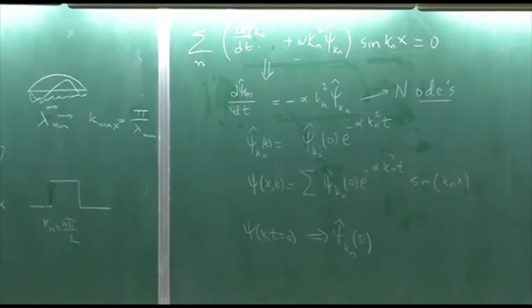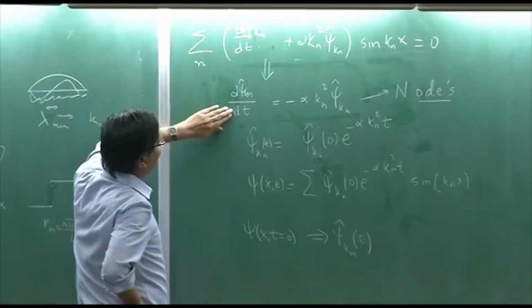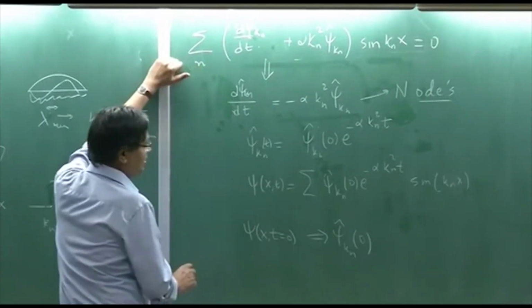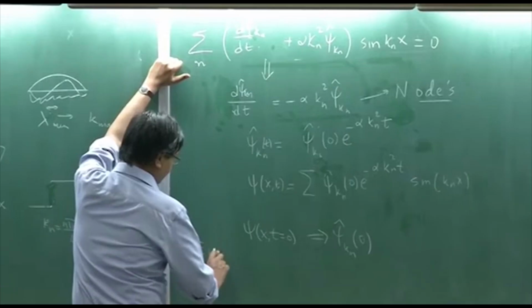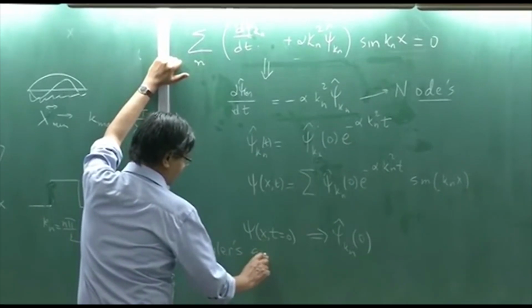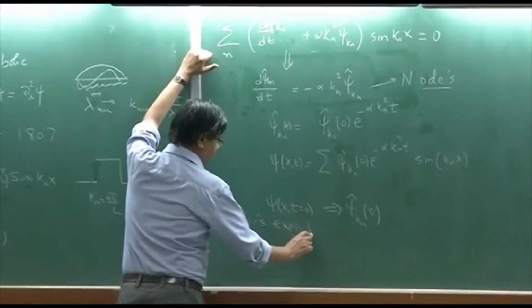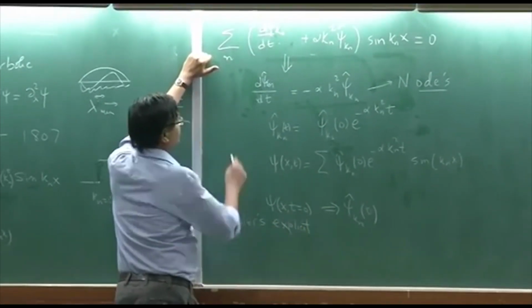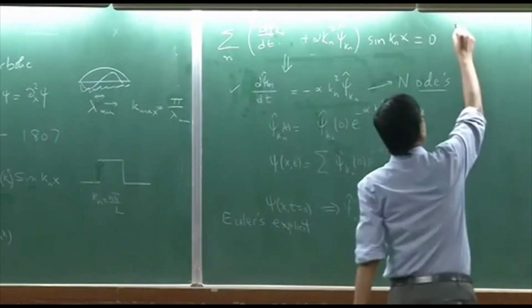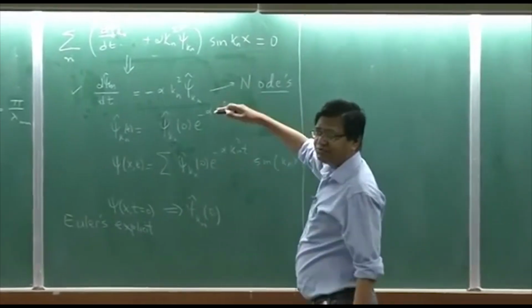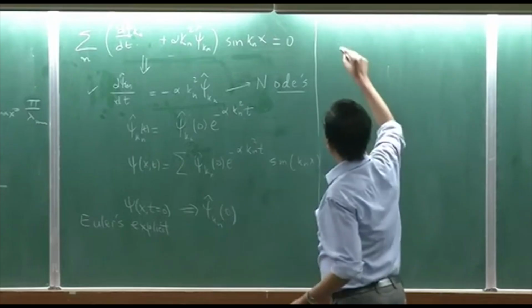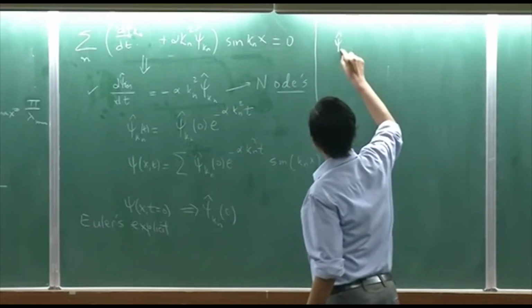So which method? Let's do the blindly simple method, which is Euler. First let's do the Euler explicit method. I have n of them, so for each of them I need to apply Euler. So psi tilde, I am going to put k.